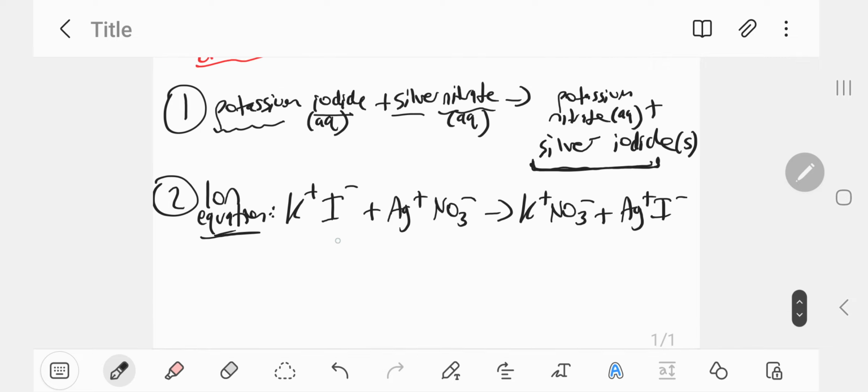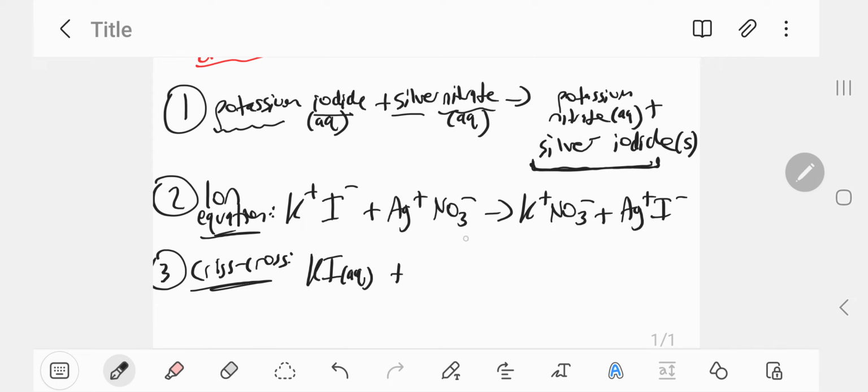Now we're going to crisscross, if you recall. To write an ionic compound, you need to crisscross, in other words, bring the valencies down. In the case of potassium and iodine, the plus and minus cancel out, so you get KI. Let's make sure we write the states, aqueous, plus. Same thing with silver and the nitrate ion, AgNO3.